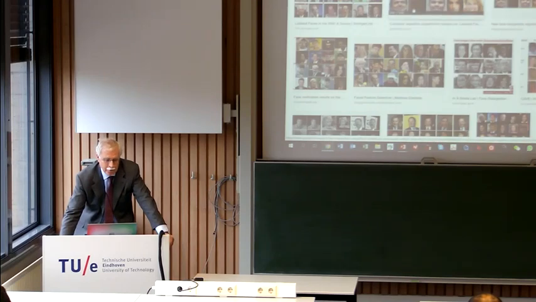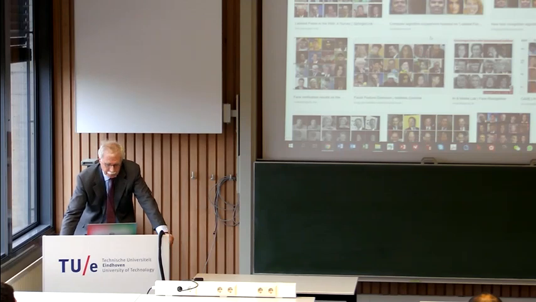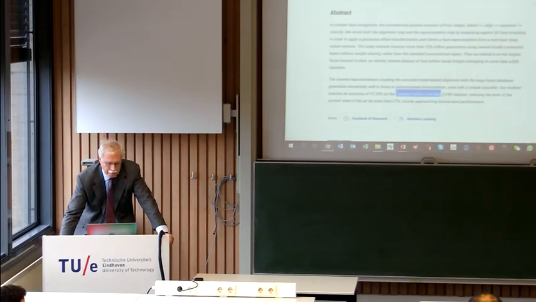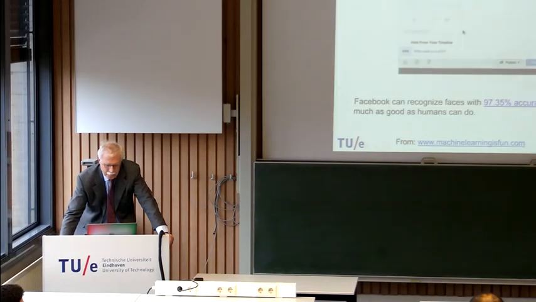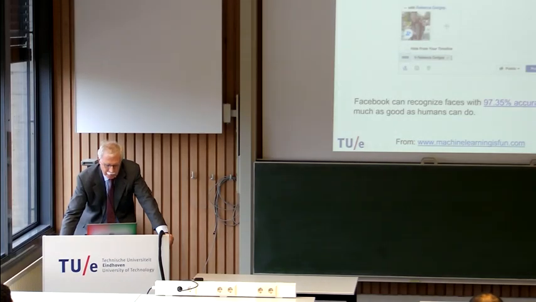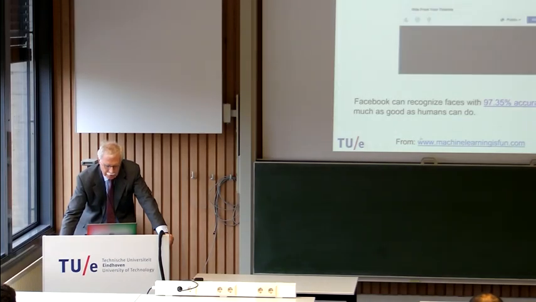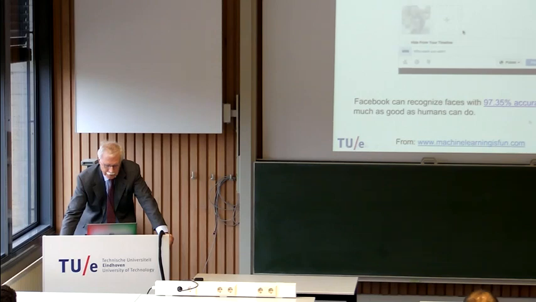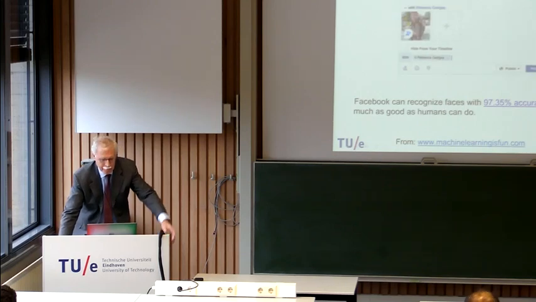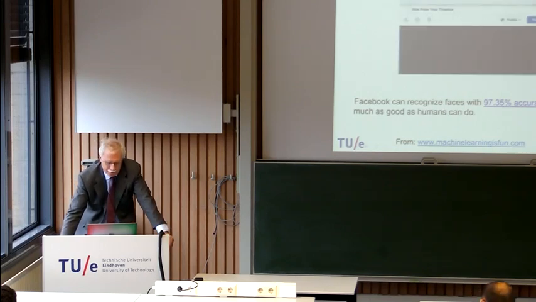And why is it so incredibly difficult for a computer? Because all the intensities here are different. So we need to be invariant for intensities. Okay, this is in the wild. I took this from a very nice blog, Machine Learning is Fun, and they have a couple of these examples, and I invite you to have a look.